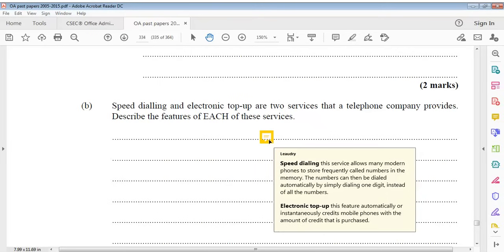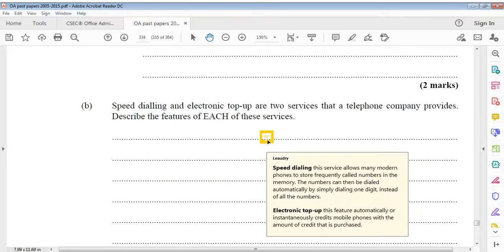Speed dialing. This service allows many modern phones to store frequently called numbers in the memory. The numbers can then be dialed automatically by simply dialing one digit instead of all the numbers.